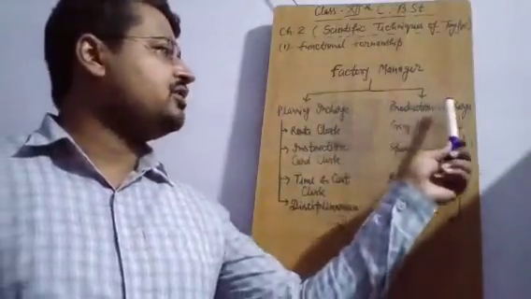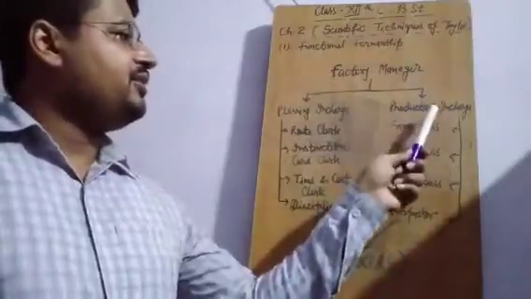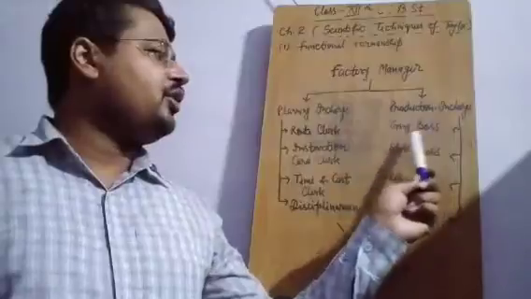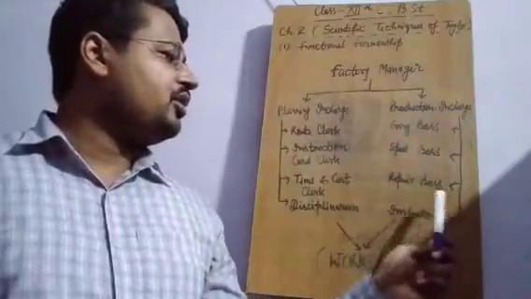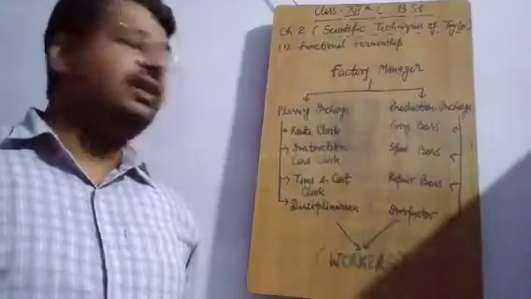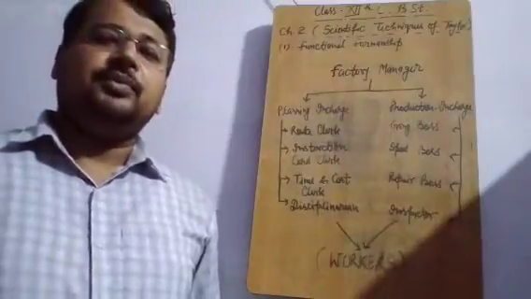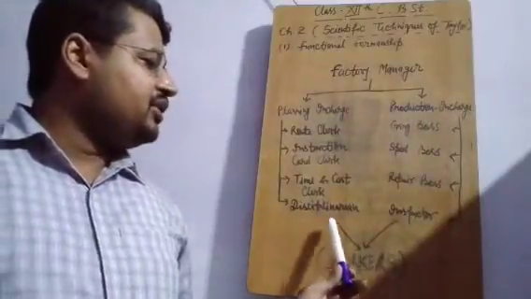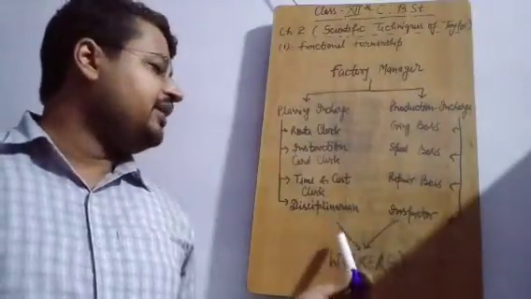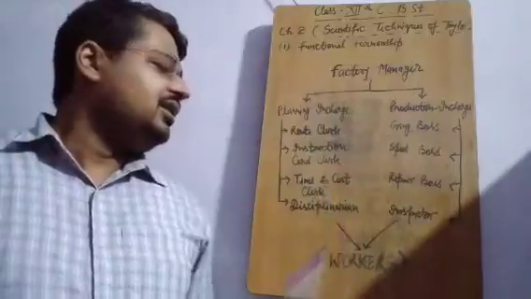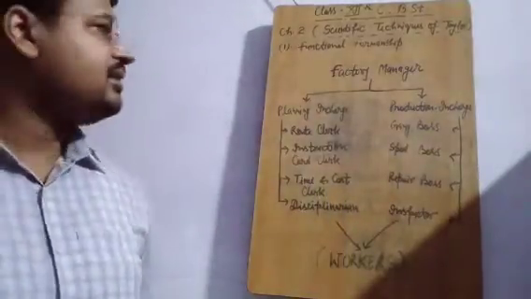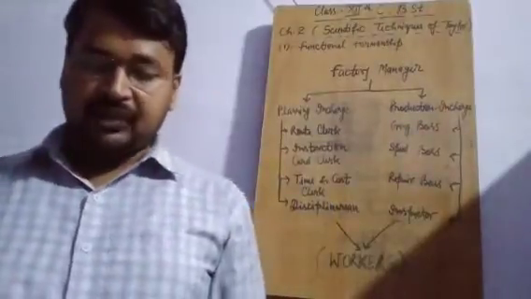And there are production in charge in the second one, and the four foreman supervisors are gang boss, speed boss, repair boss, and inspector. All these 8 foremans will ensure effective and efficient use of the resources, timely delivery of the product with efficient cost management. So we will study this in detail today.